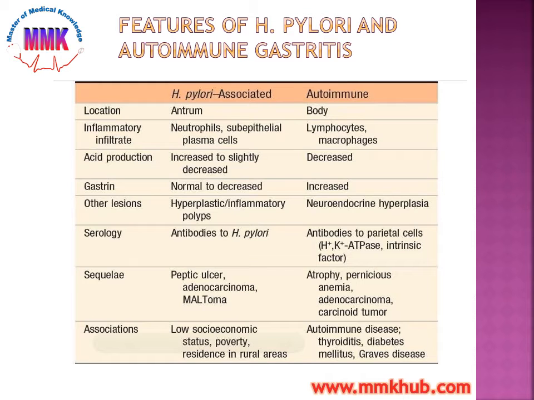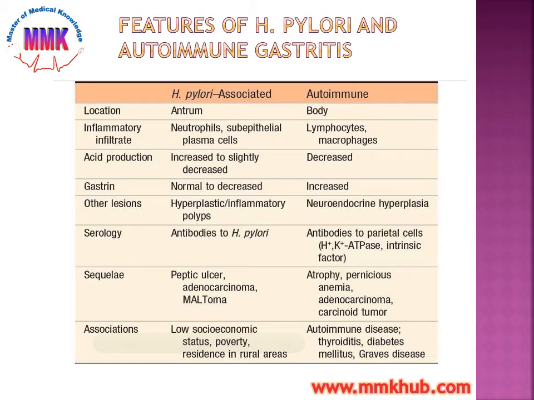This is the table comparing the features of Helicobacter pylori associated antral gastritis and autoimmune gastritis. H. pylori associated gastritis is mainly located in the antral region of the stomach, while autoimmune gastritis mostly involves the body of the stomach.